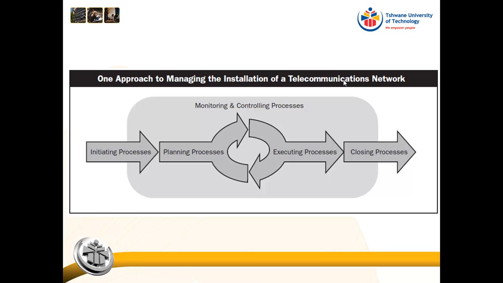So here we want to install a telecommunications network. So all we are doing is the project of installing the telecommunications network, and there is only one phase. So we initiate, we plan, we execute, we monitor and control, and we close.